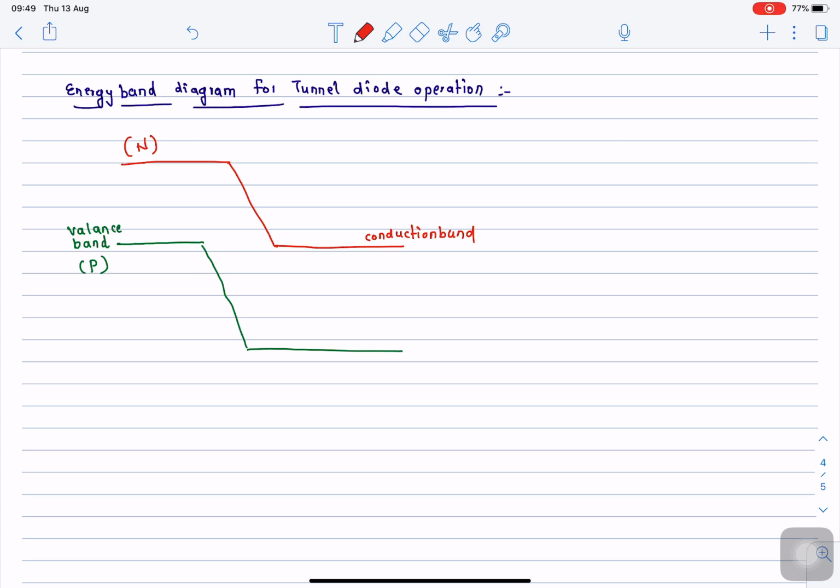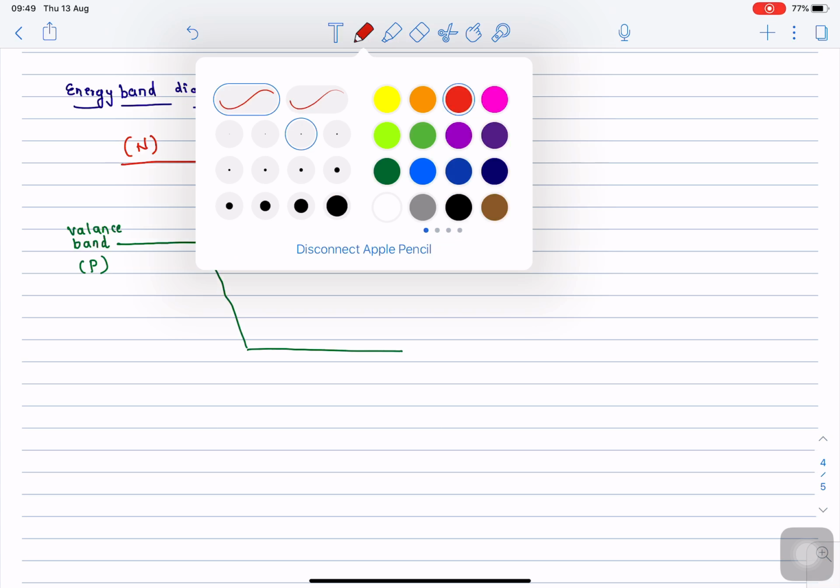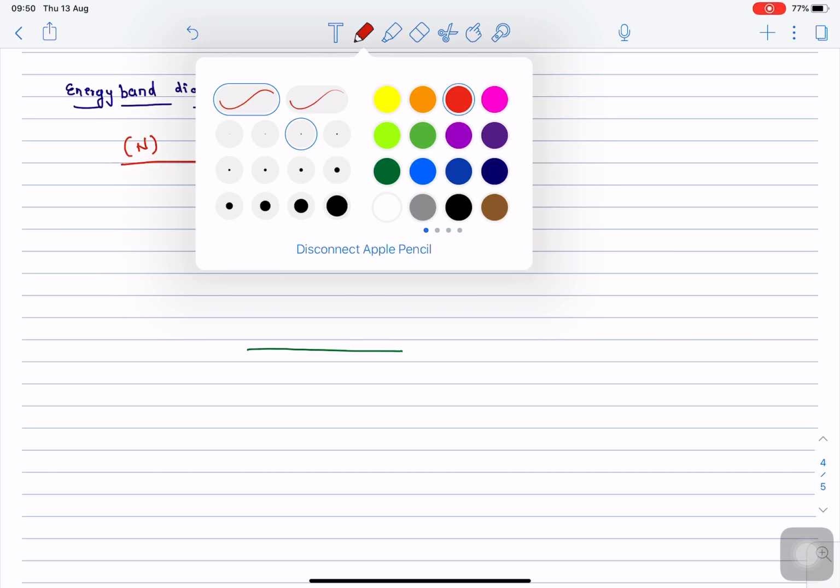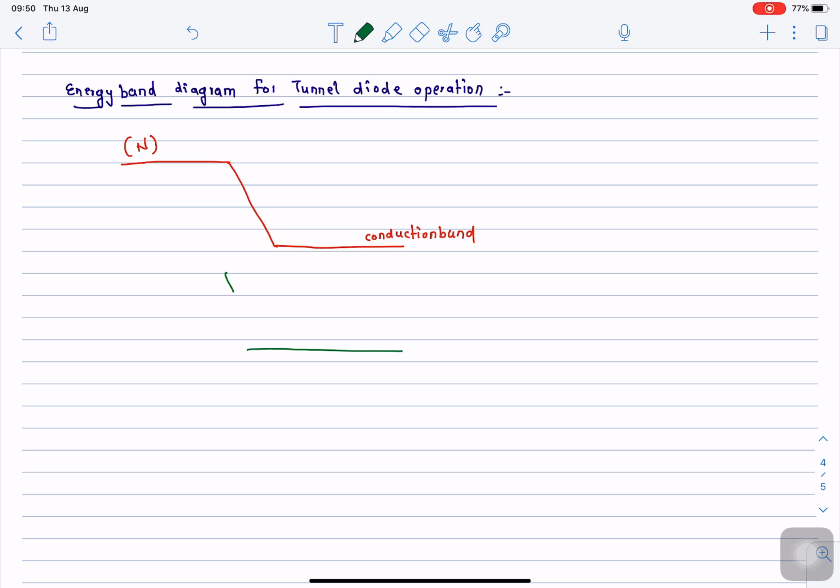Okay, so this is how the p-n junction is formed, and the energy band diagram is shown between conduction band and valency band. In the conduction band, we have majority charge carriers as the electrons. So rather, I will show this a little bit lower.